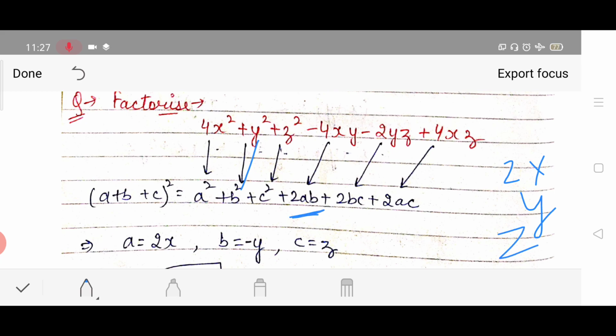If you place the values here, what is 2ab? 2 into a into b, that is 2 twos are 4, so 4xy. But in the question it is given with a negative sign, and also here it is given with a negative sign. So which is the common factor in both these values? 4 is not common, x is not common. We can see that y is common in both these values.